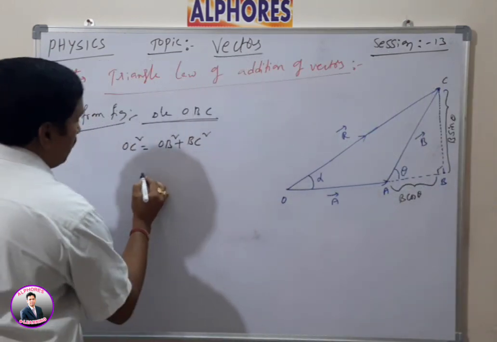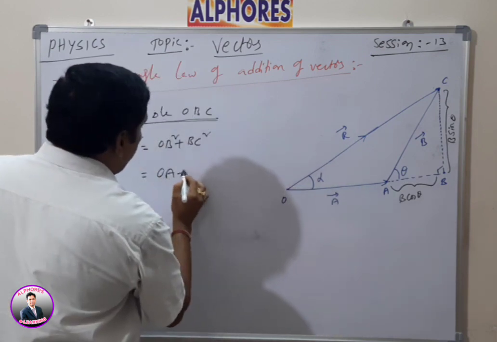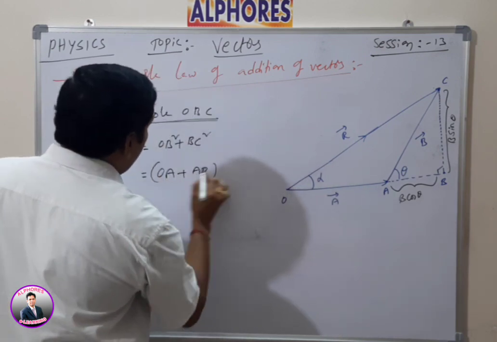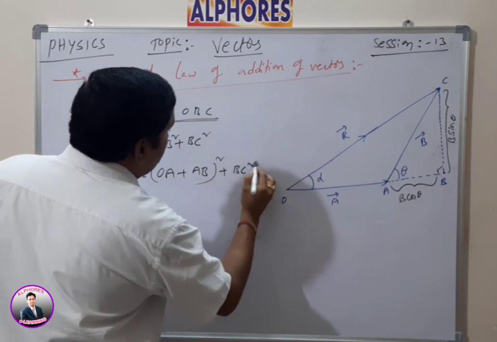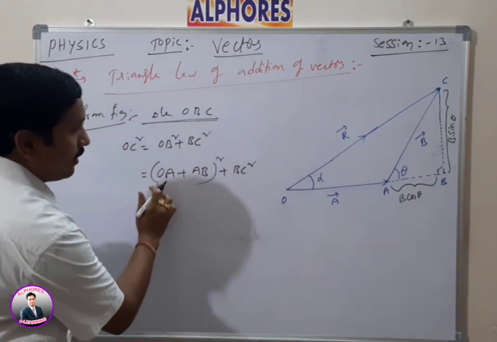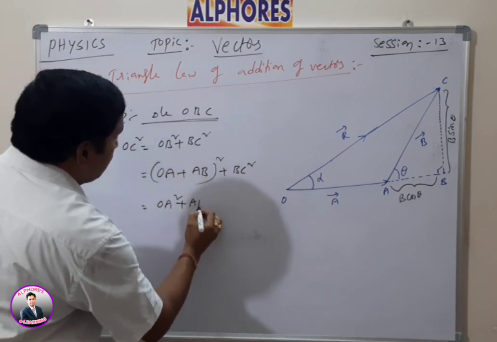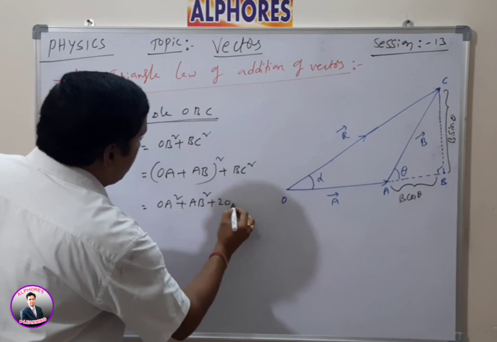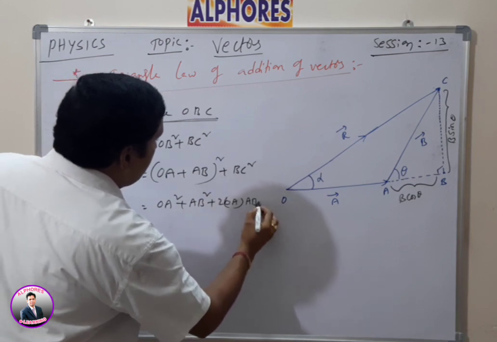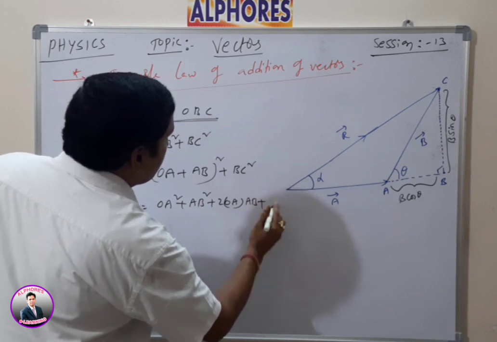So here OC square can be written as, OB is the sum of OA plus AB, whole square, plus BC square. Now this is in the form of (a plus b) whole square, means OA square plus AB square plus 2 OA into AB, plus BC square.